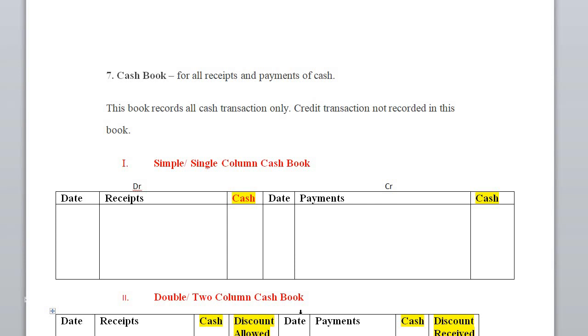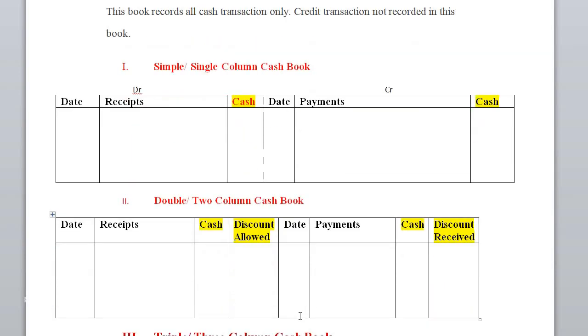The first one, single column cash book. The single column cash book is also known as simple column cash book. Here on the debit side: date, receipt, cash amount. Similarly, on the credit side: date, payment, and cash amount. Then we move to the next one, double or two column cash book.